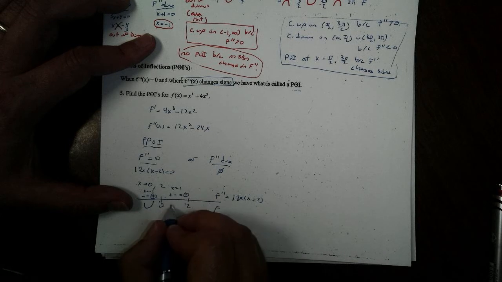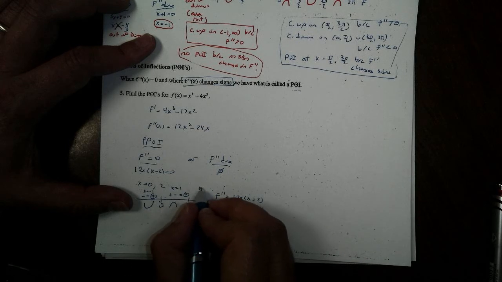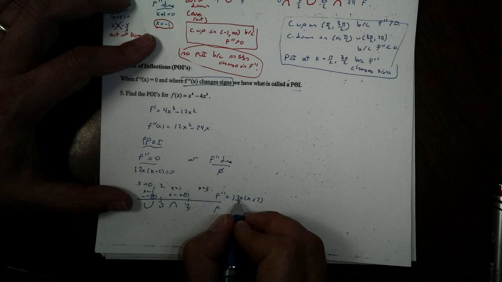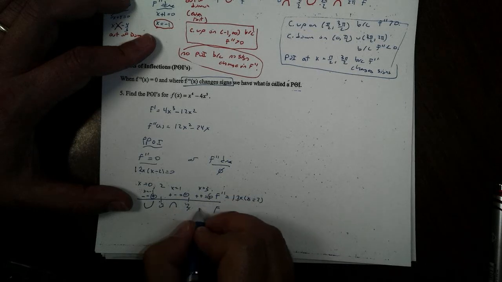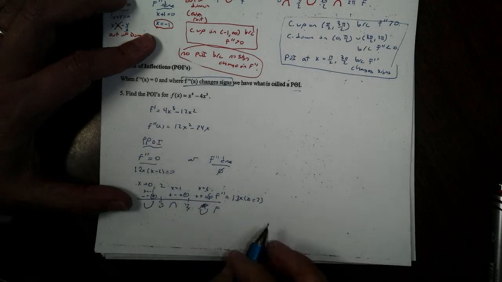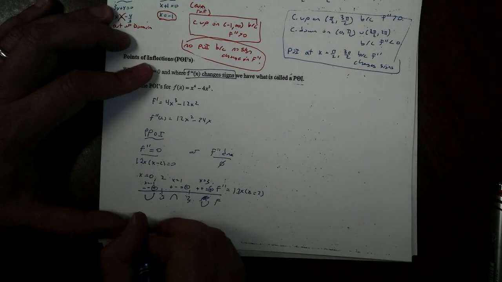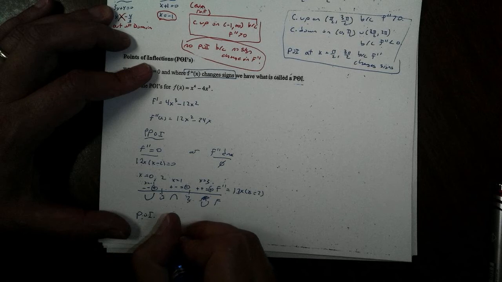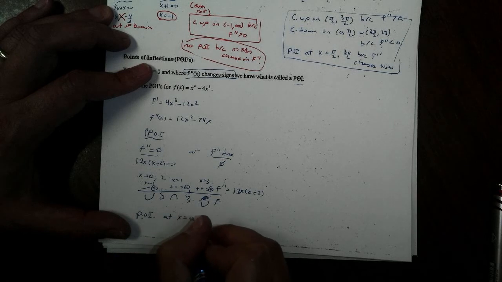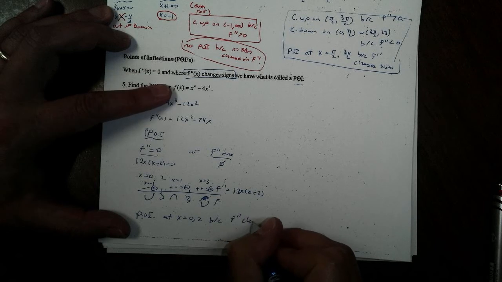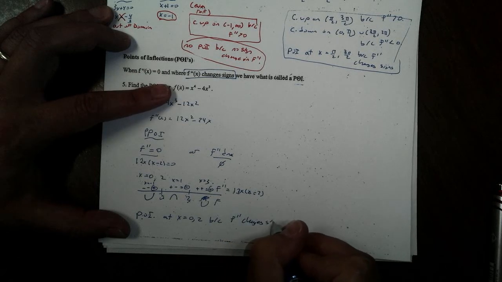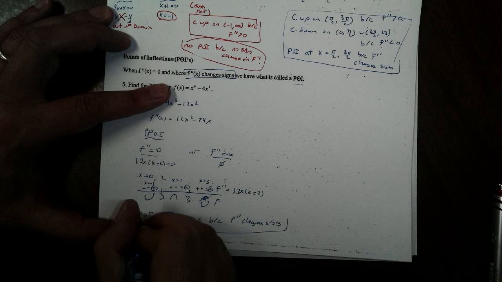That's a negative, concave down. X equals 3, something bigger than 2, positive, positive, which is a positive. Concave down, concave up. So we have points of inflection, not possible anymore, points of inflection at x equals 0 and 2, and that is because the second derivative changes signs. And there's our answers right there.